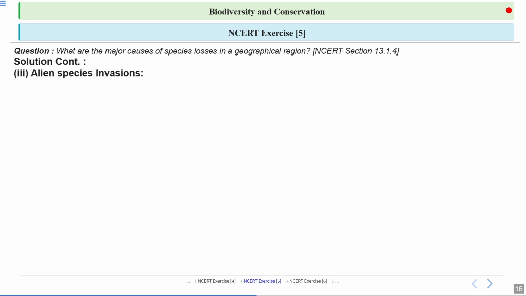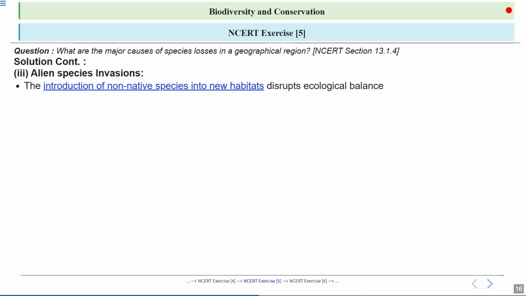Next one is alien species invasions. Introduction of non-native, meaning alien, species into a new habitat disrupts the ecological balance by outcompeting native species for the resources. So these non-native species compete with the native species for the resources. They can also bring a lot of diseases and they alter the food webs.